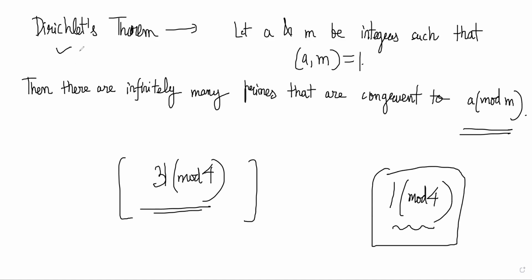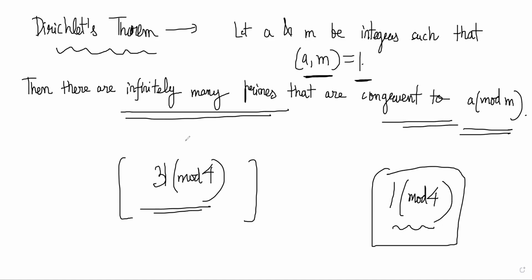What Dirichlet's theorem ensures is as long as A and M have GCD 1, there are infinitely many primes that are congruent to A mod M, right? Here, this is my A and this is my M, right? The GCD of 3 and 4 is 1. So by Dirichlet's theorem, we can confirm that there are infinitely many primes of this form. Now, the proof of Dirichlet's theorem is too advanced and we'll not be able to do it right now.